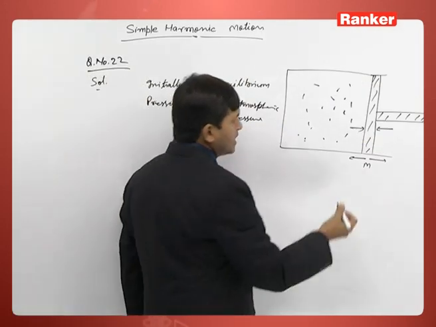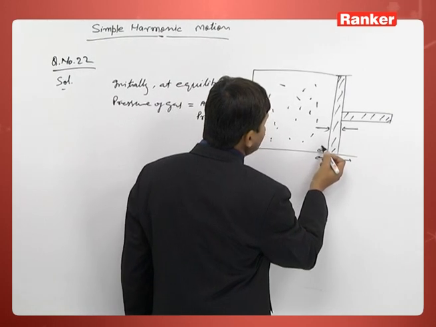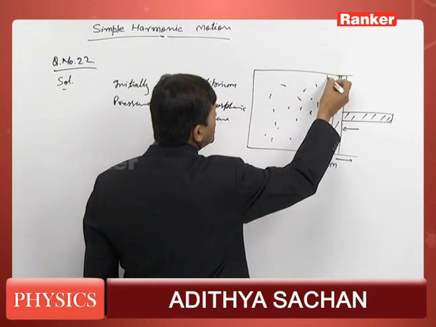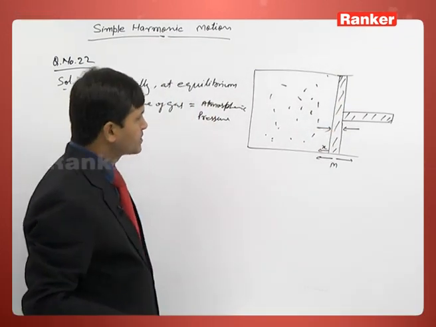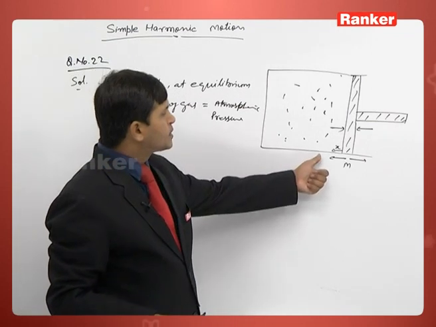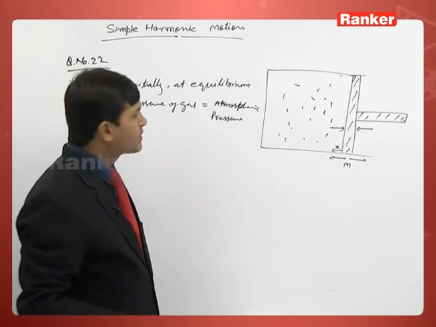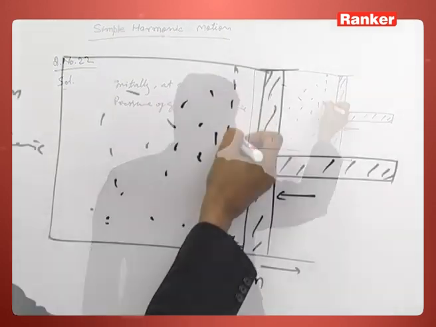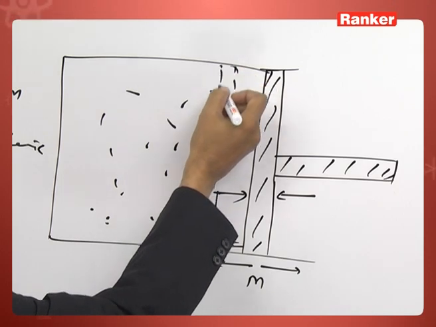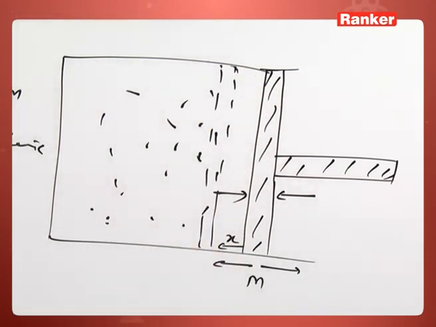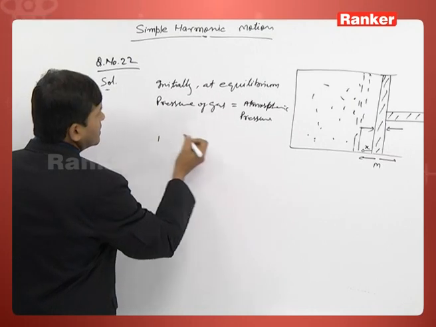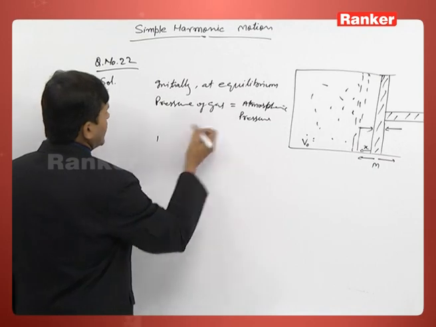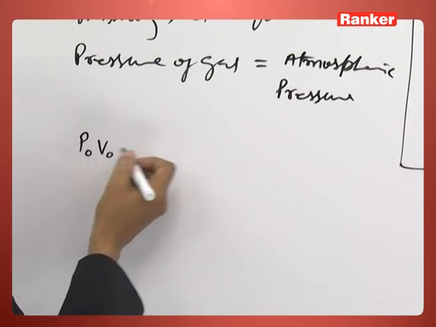Now if the piston is slightly displaced by x, then what will happen here? The volume of this will change. The volume changes, so the pressure of the gas will increase. Now if the piston is slightly displaced at this moment, see, initially the total volume was V naught and the pressure P naught.